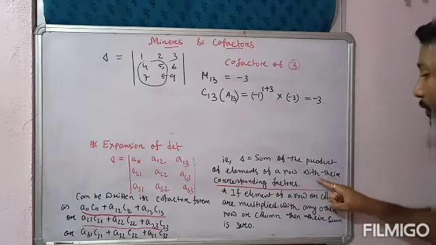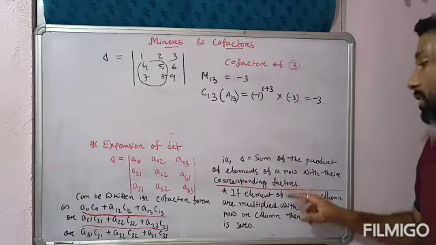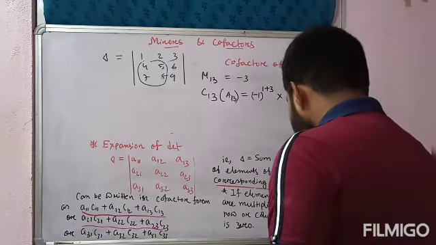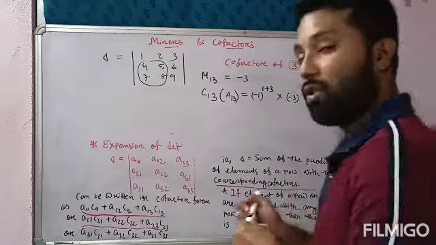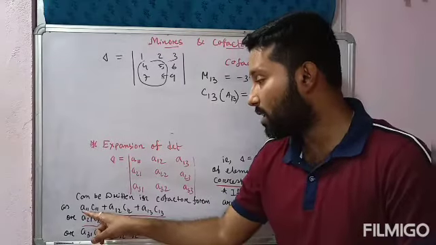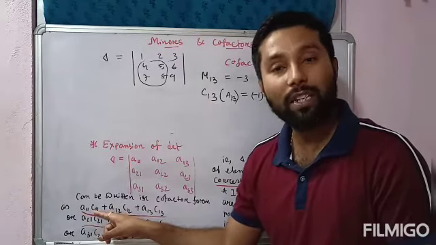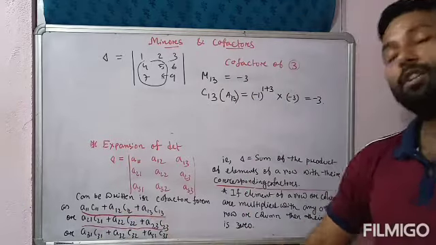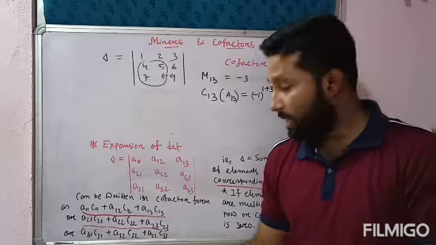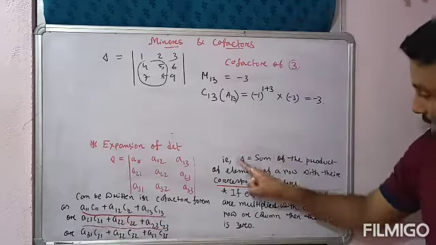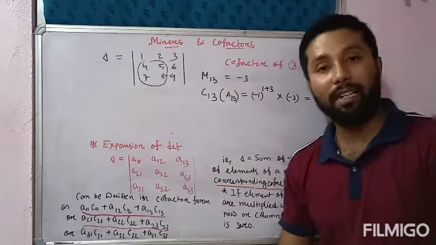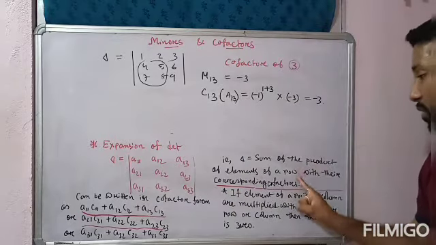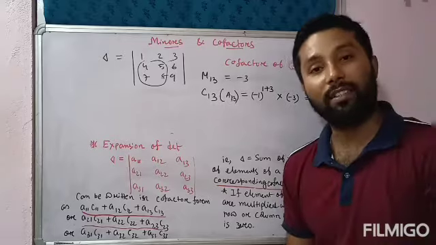Of a row with their corresponding cofactors. This is not factors, corresponding cofactors. Yes, what will be the corresponding cofactor of A11? C11. Corresponding cofactor of A12 is C12. Corresponding cofactor of A13 is C13. Right, the same formula I wrote in a statement, in words. Sum of the product of elements of a row with their corresponding cofactors.